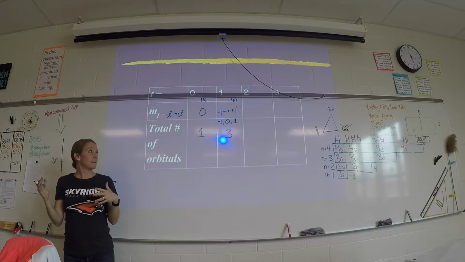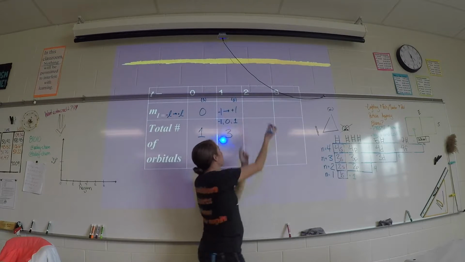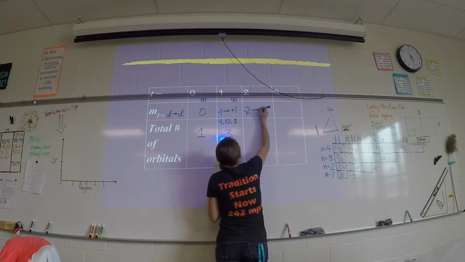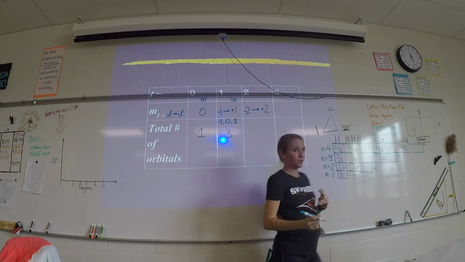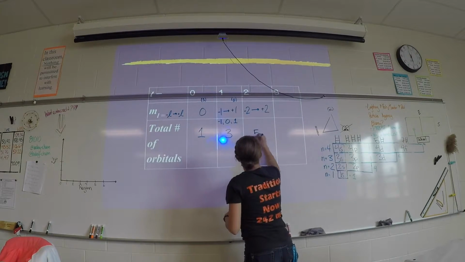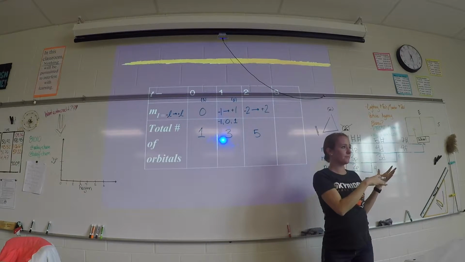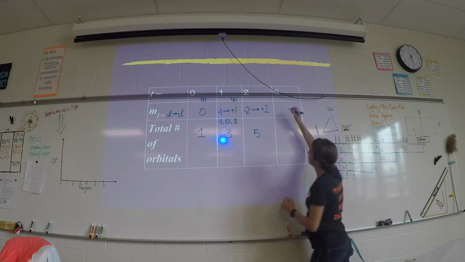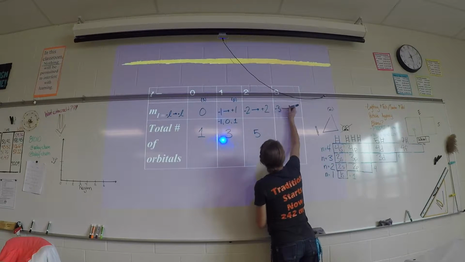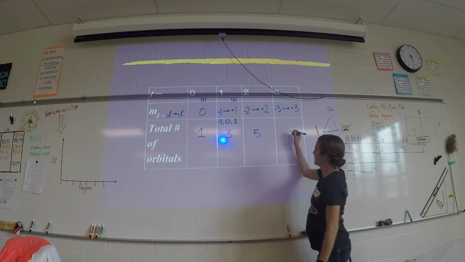Then this one would range from -2 to +2, which has 5 different ones, because you get -2, -1, 0, 1, and 2. And then our F's range from -3 to +3, which is how we get 7.